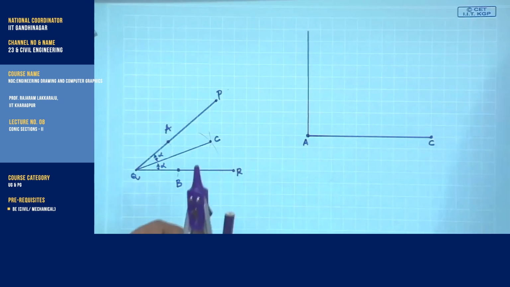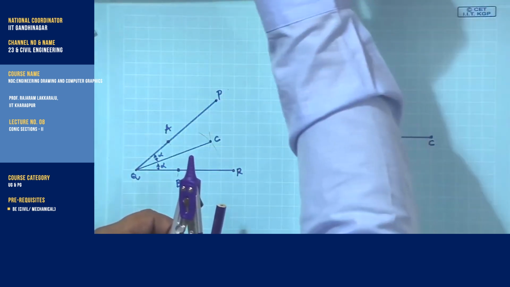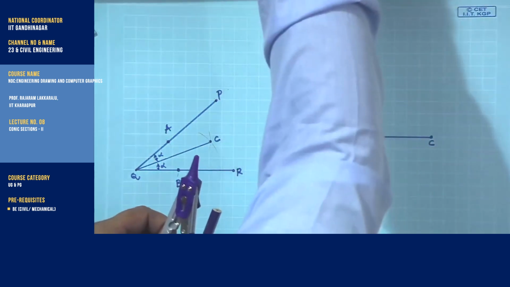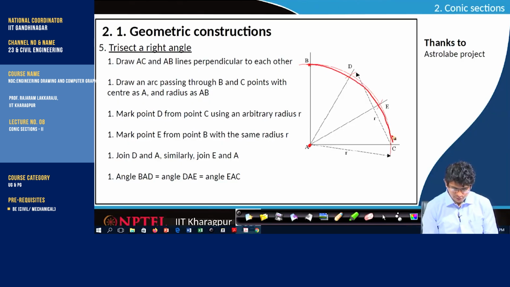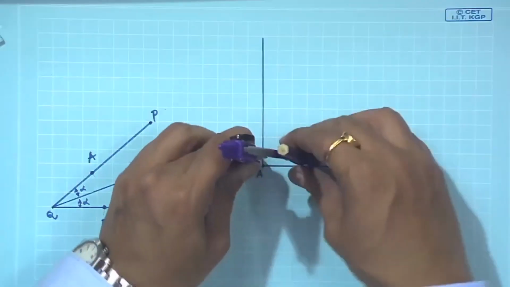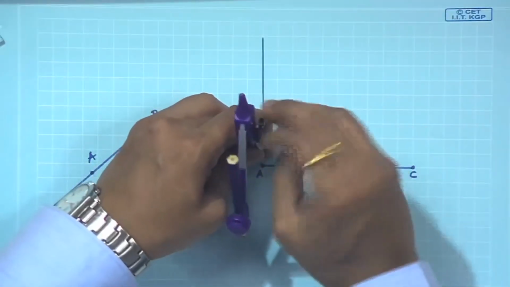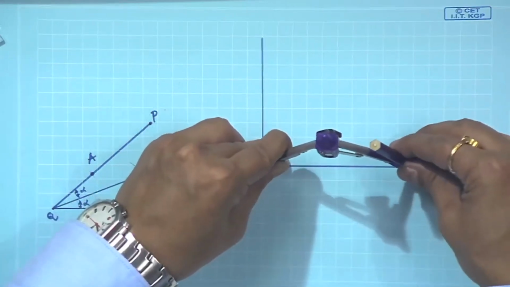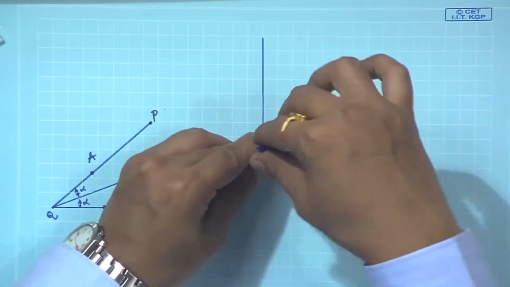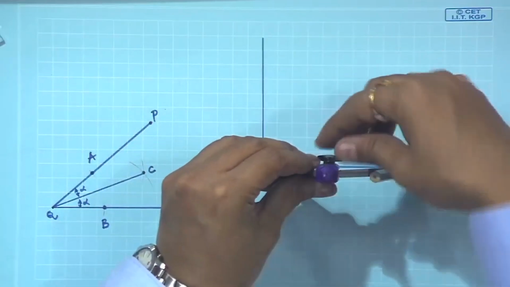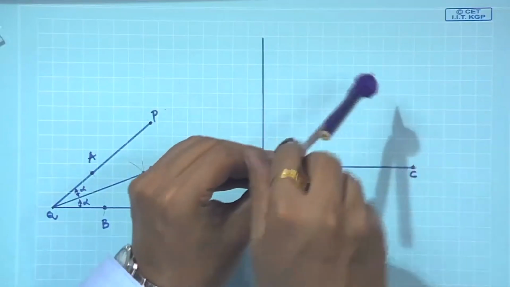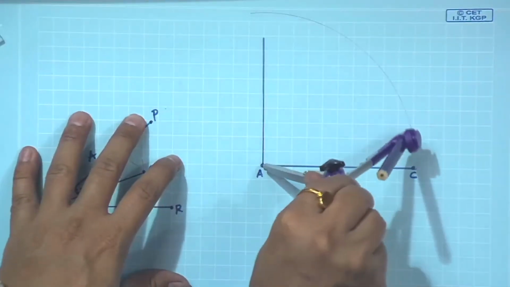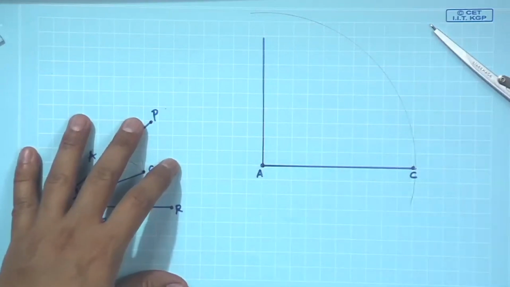Now, the first step is a radius A to B to pass through that arc, either A to B or A to C. So, let us tighten that. Draw an arc.